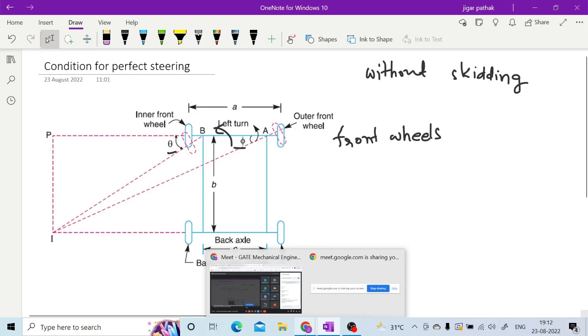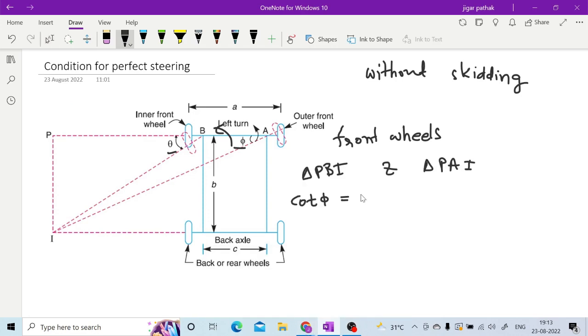So here in this particular figure, as you can see, you are having two different triangles, right? Triangle PBI and triangle PAI. So here your cot phi will be PA over PI, and cot theta will be PB over PI.